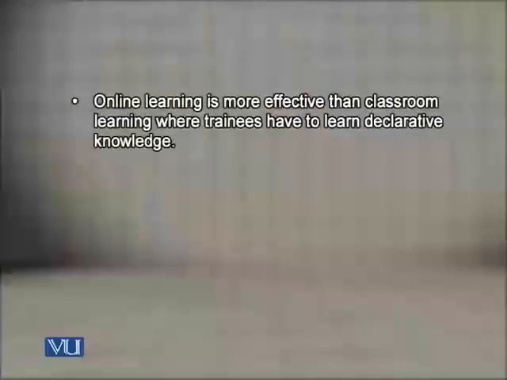What does it say? First of all, online learning is more effective than classroom learning, where trainees have to learn declarative knowledge. Declarative knowledge, you should remember, we talked about it. Declarative knowledge is knowledge that you have to show, that you have to declare actually, that you have got the information.